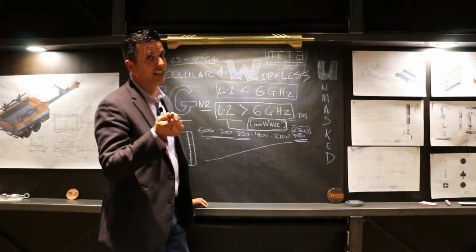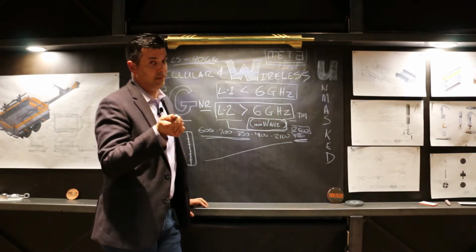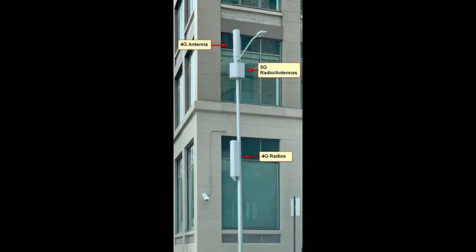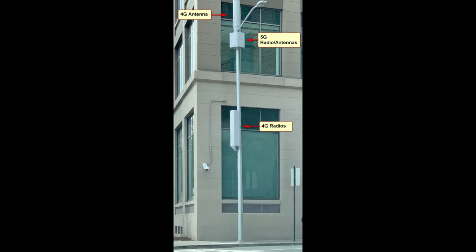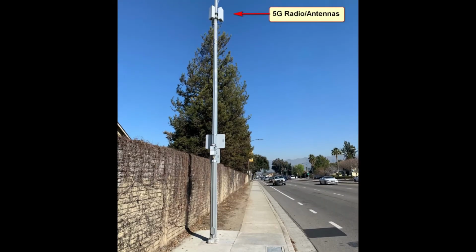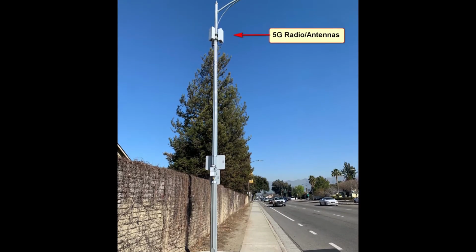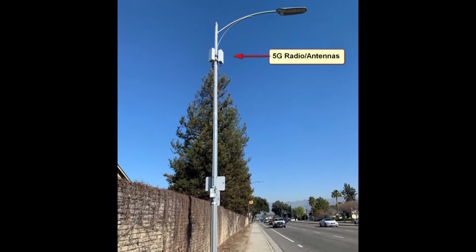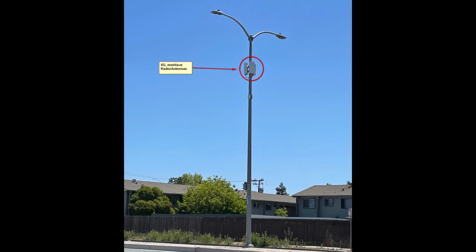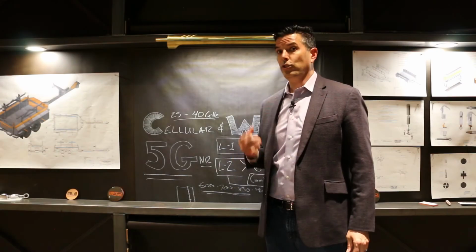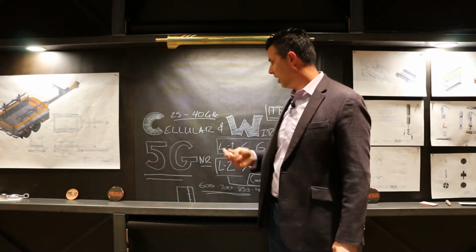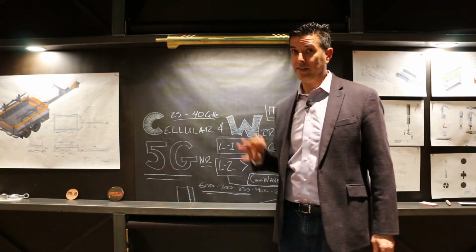And you'll notice it looks like this. So those are some of the examples of the L2 millimeter wave sites.